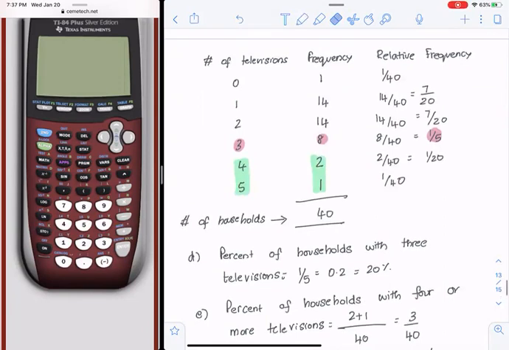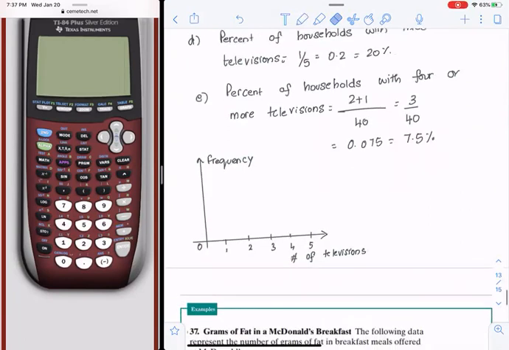The smallest frequency that we have is 1, and the largest is 14. So I guess I'll go in steps of 4.